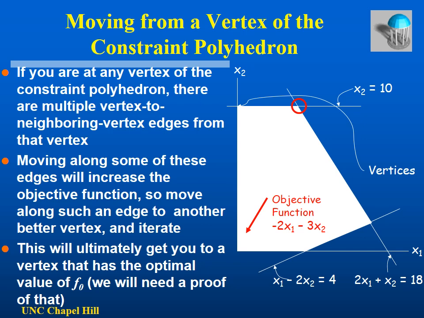Now let's assume we're at some vertex of the boundary of this polygonal region. In particular, let's assume that we are at the vertex which is along the x1 axis and as far to the right as the white region goes.